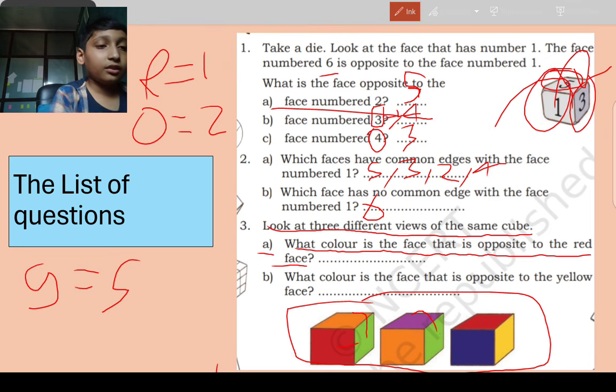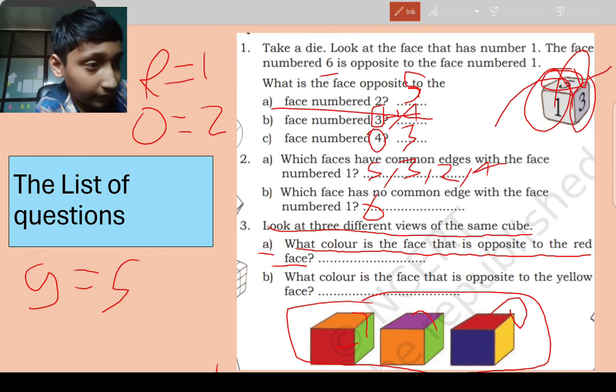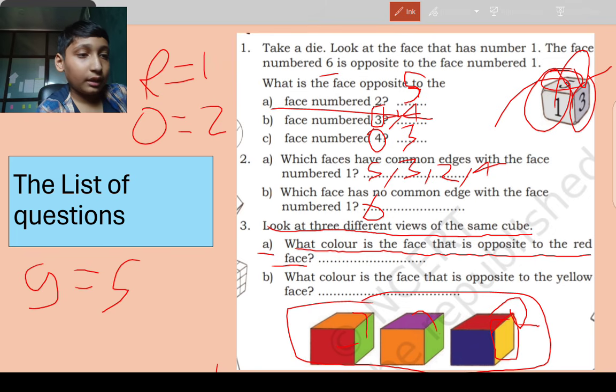And then we can see some mystery in the third figure. We know that we have 3 common edges, but where is the fourth one? So in this figure actually here, it has a common edge with yellow, making blue its opposite. So we will mark blue as its opposite and not orange.